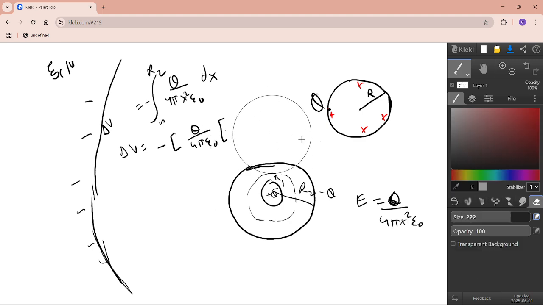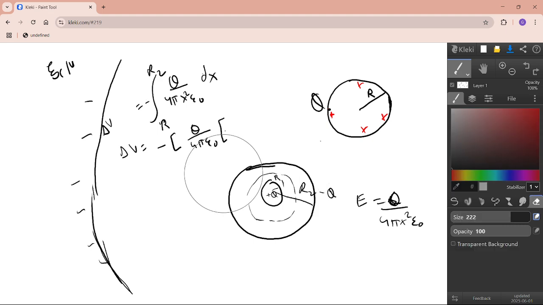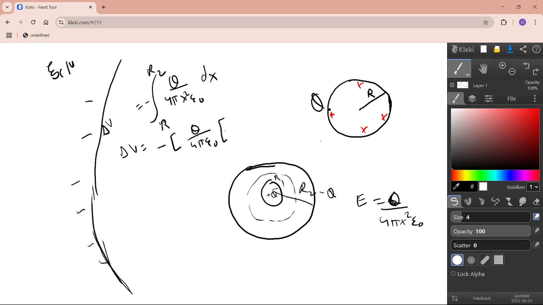No, no, I think it's the opposite. Of course, you're doing it from the perspective of this minus Q charge. You check the potential from this minus Q to this Q, so you're going from R2 to R1, actually. It's defined for going from negative to positive.